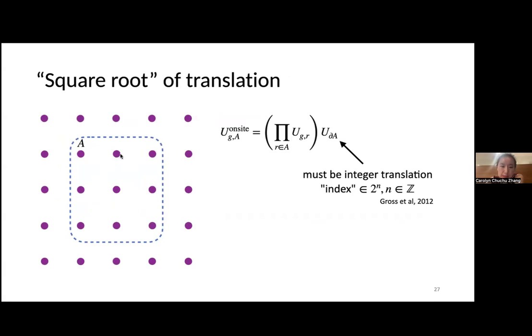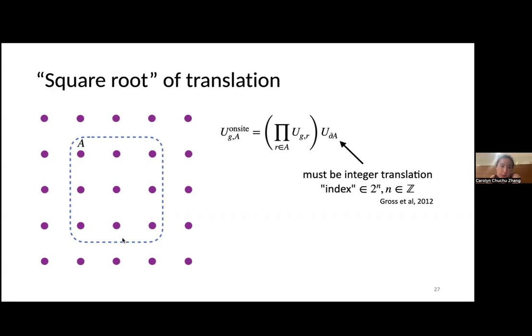In that case, if you restrict to a large region A, there's a natural way to restrict it, which is you just take these symmetry operators where R is in A. So there's a clean and natural way to restrict an operator in the case where the operator is on-site, so it's a product of on-site operators. However, there's an inherent ambiguity whenever you restrict a unitary operator: you can always decorate the restriction with a locality preserving unitary along the edge.